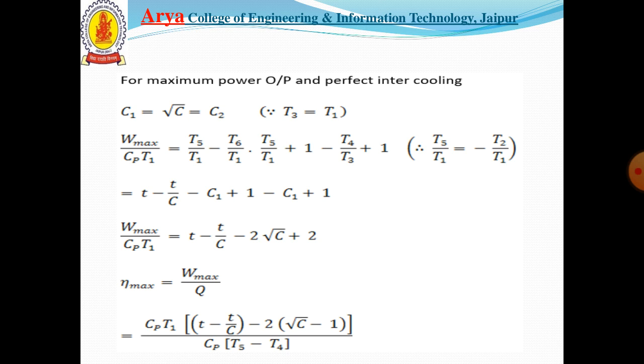By putting the values of the temperature ratio and the constant C, you can get W max upon Cp T1 equal to T minus T upon C minus C1 plus 1 minus C1 plus 1, that is equal to T minus T upon C minus 2 root of C plus 2. Now the maximum efficiency can be obtained as the maximum work done upon heat supplied or heat addition, that is equal to Cp T1 (T minus T upon C minus 2 root of C minus 1) upon Cp (T5 minus T4).